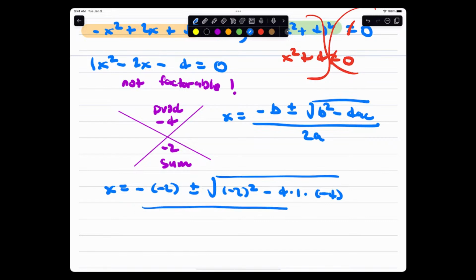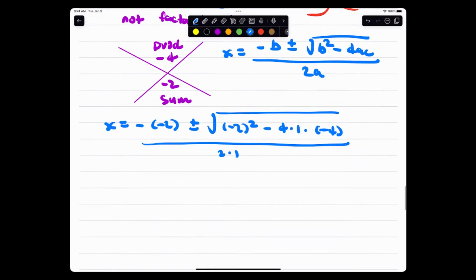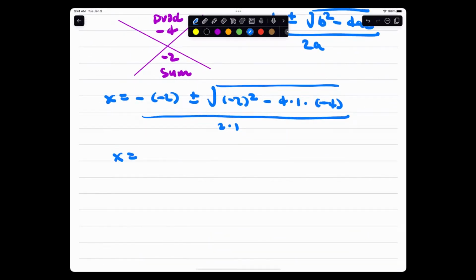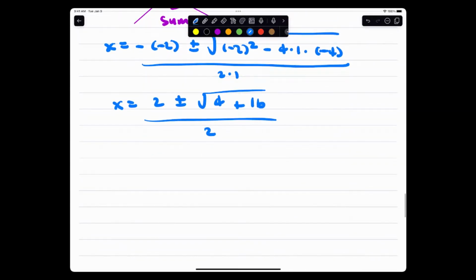Double check, because I had to go get some coffee. 2 plus or minus the square root of 4 plus 16, everything over 2. 2 plus or minus the square root of 20, over 2.